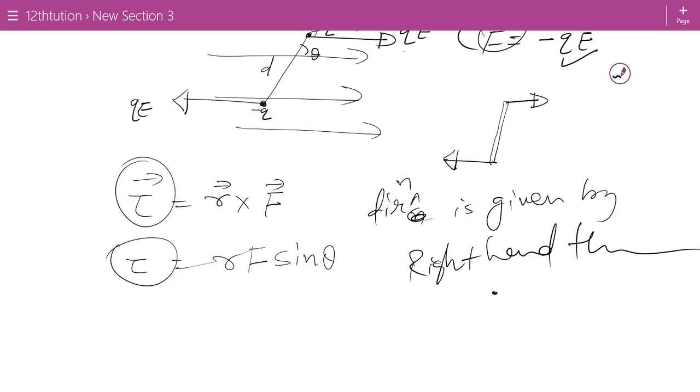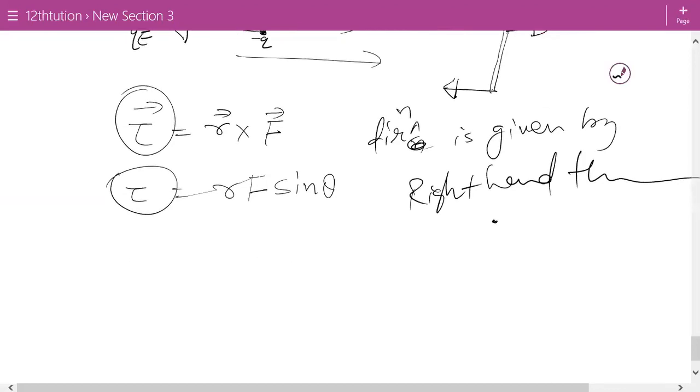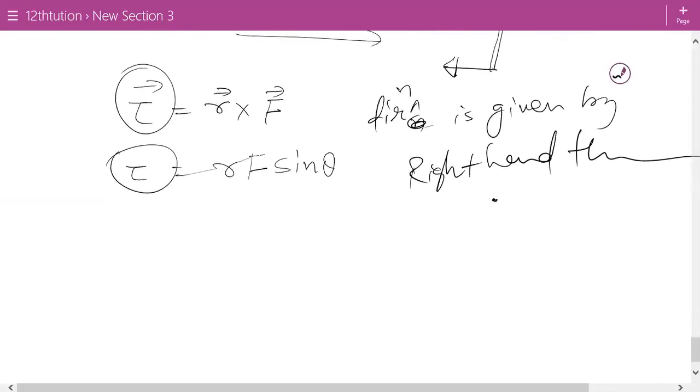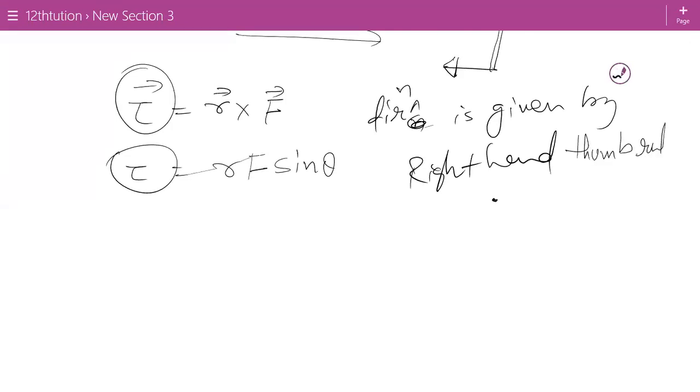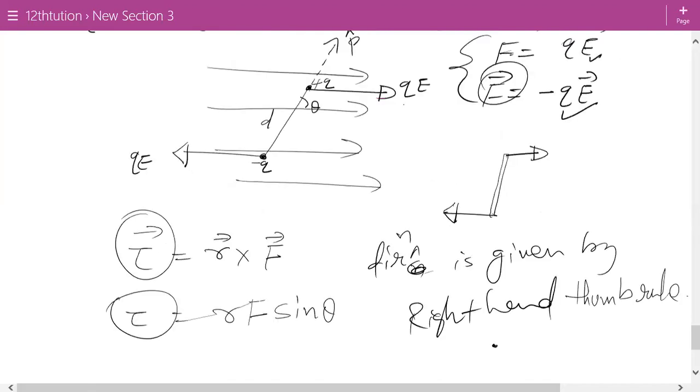Right hand thumb rule. So that torque is working on this dipole also.